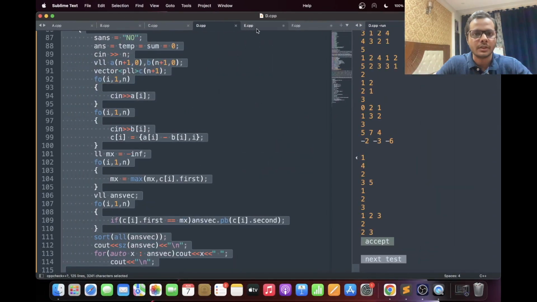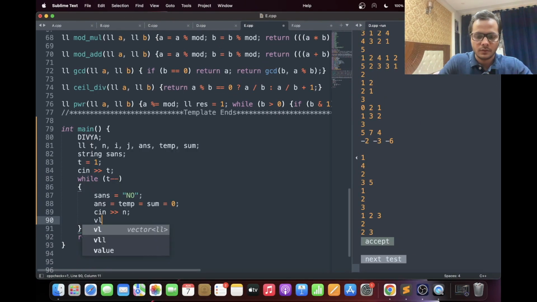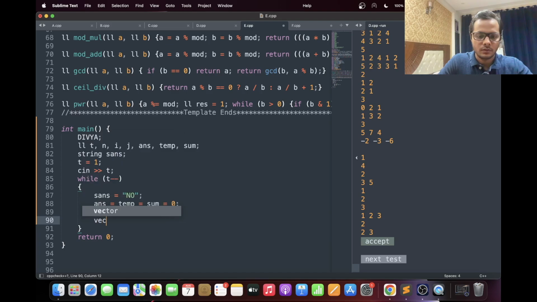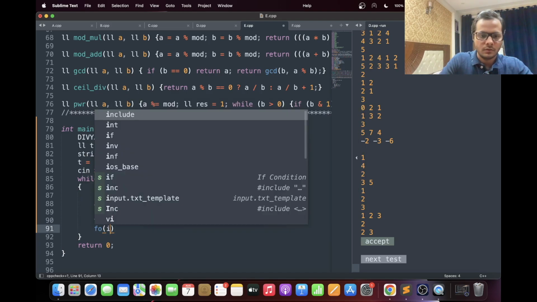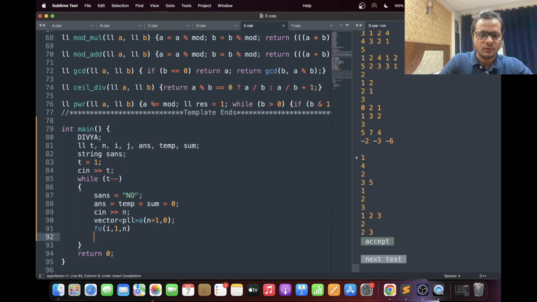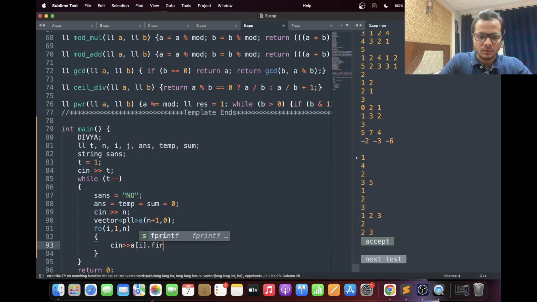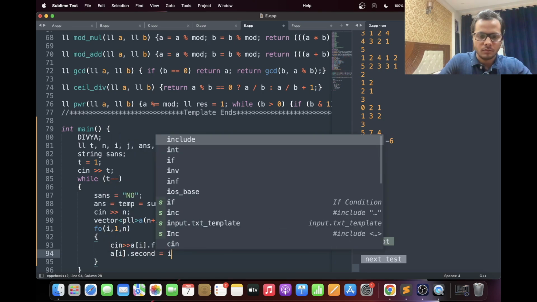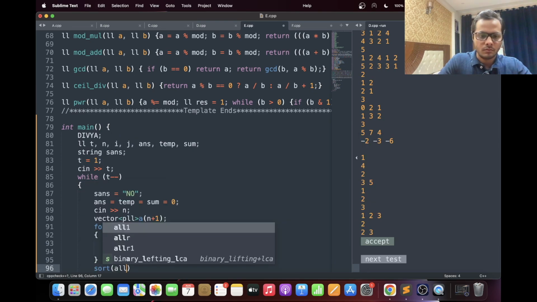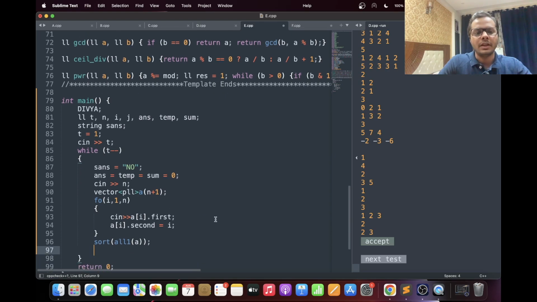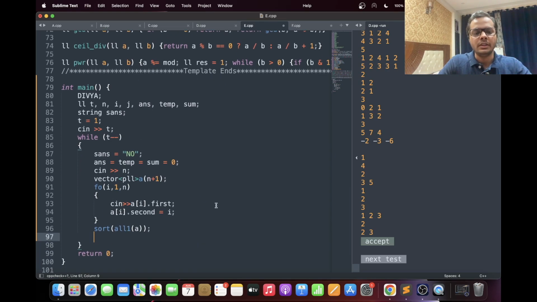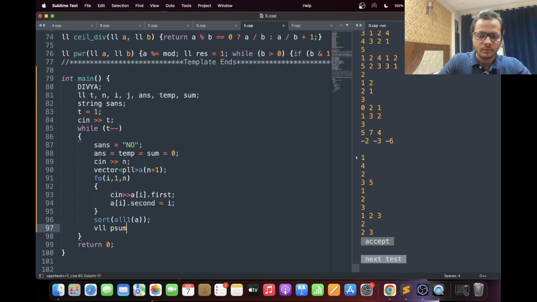Let's just quickly code that up. That's pretty easy to do. So once we have this sorted, all we need is to build the prefix sums.